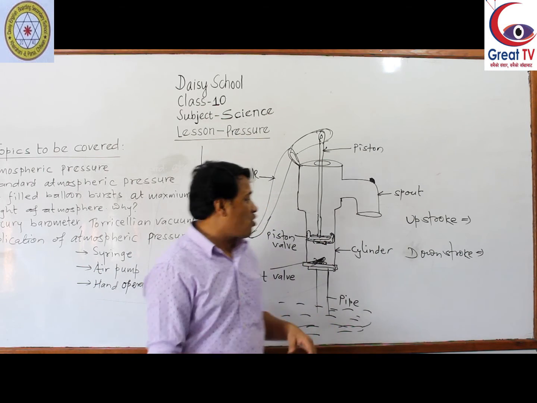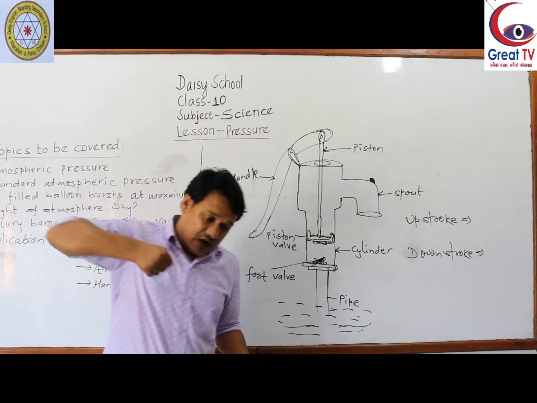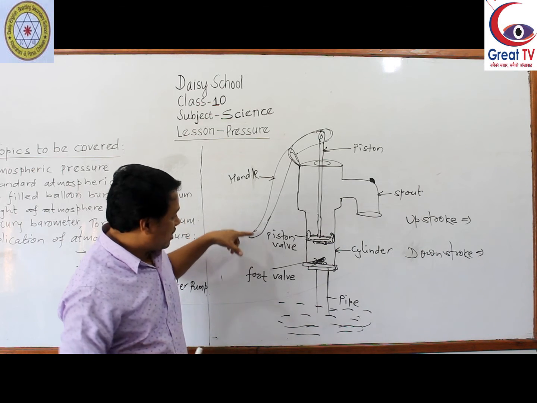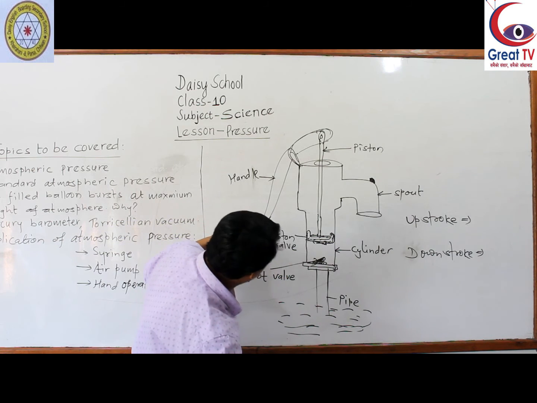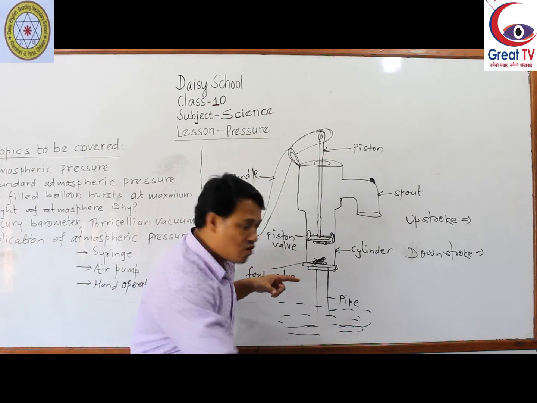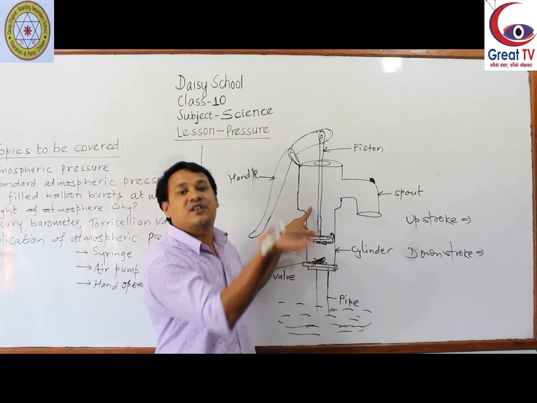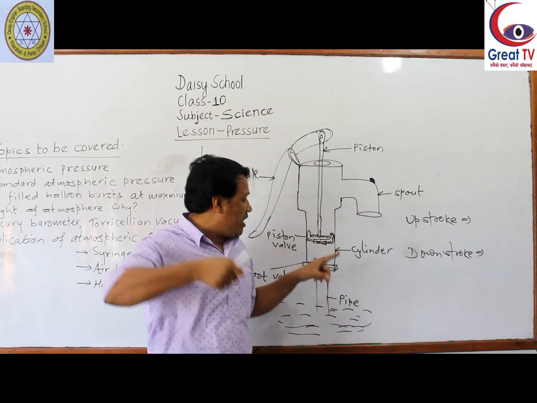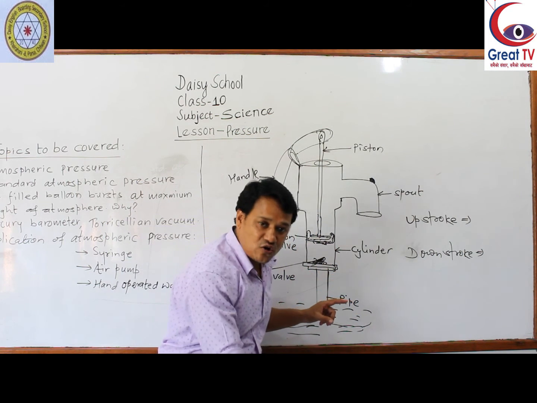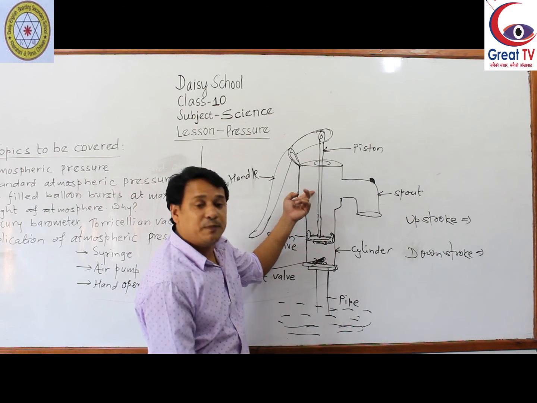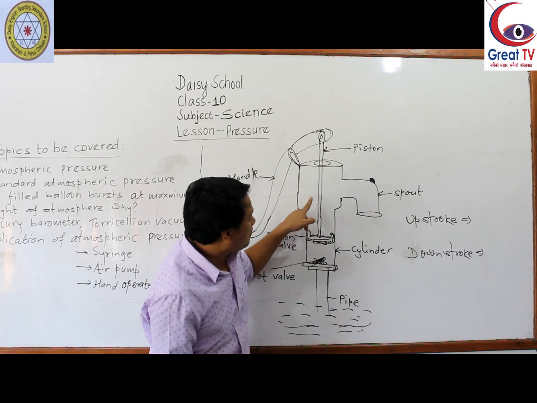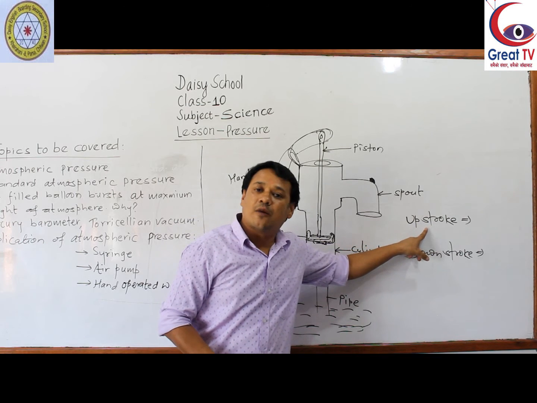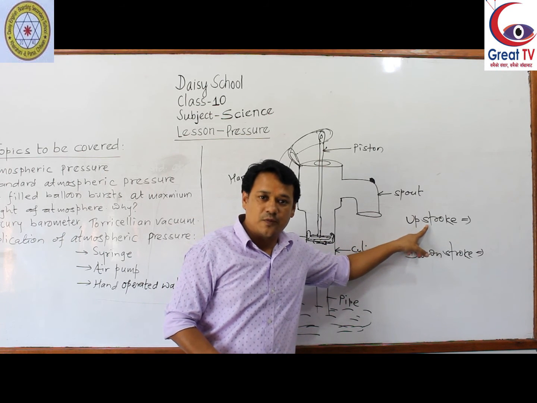But for the upstroke, we have to press the handle downward. When the handle is pressed downward, the piston is lifted upward. This upward movement of the piston is called upstroke.